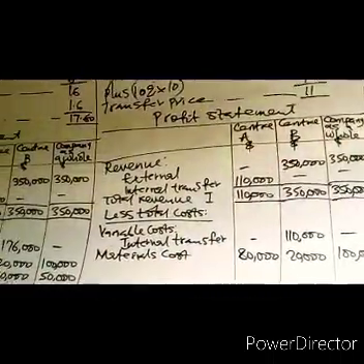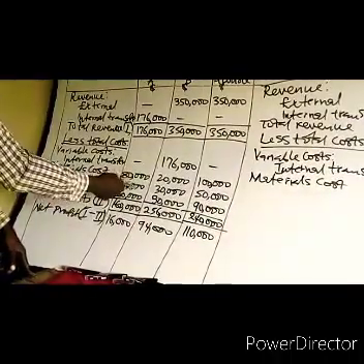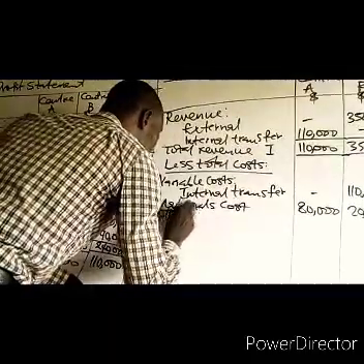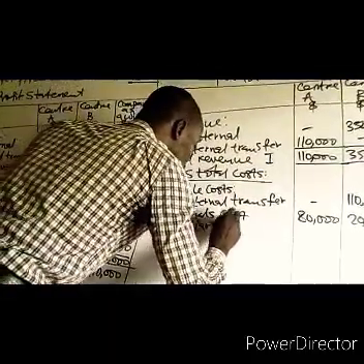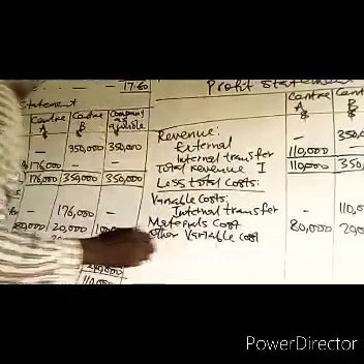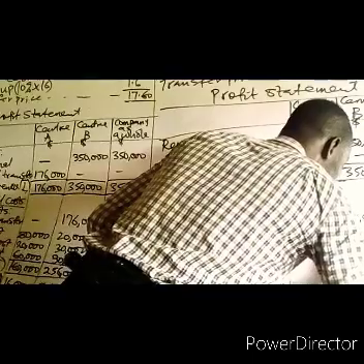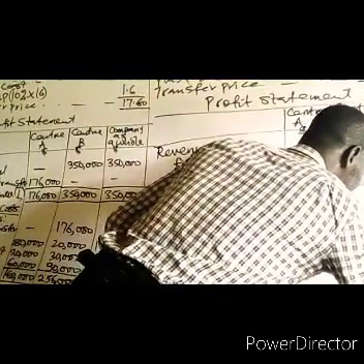Then other variable costs, same working. Other variable costs will be $20,000 and $30,000 respectively. Total $50,000.